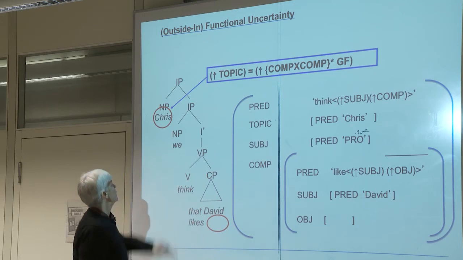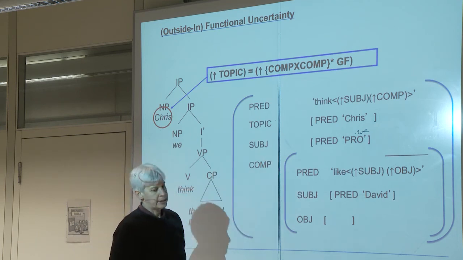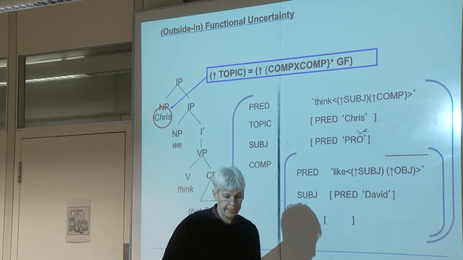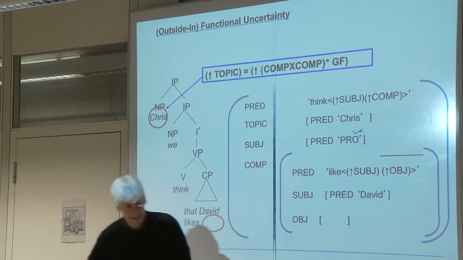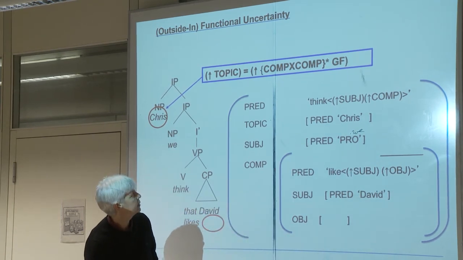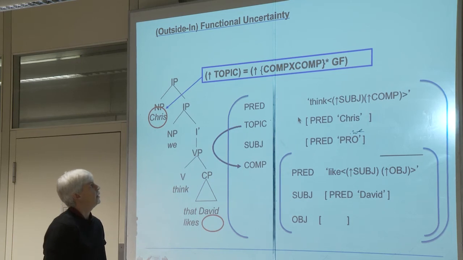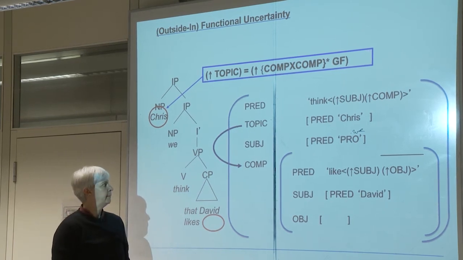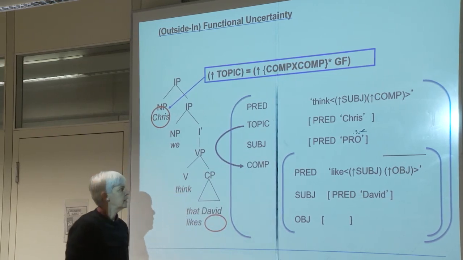Now what happens? We say this thing here is either in a comp or an X-comp, and it's an object. GF stands for some kind of grammatical function; we know it's a grammatical function, but we don't know which kind. So let's go look for it. We're here, the topic is here, so we start out here. We say, okay, now either comp or X-comp or nothing. There's nothing else here but a subject, so that's not going to work. So let's look inside the comp.